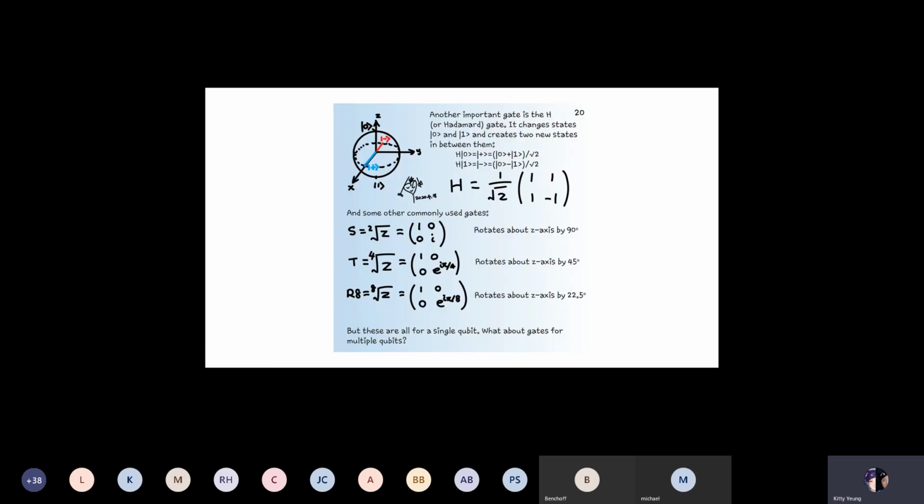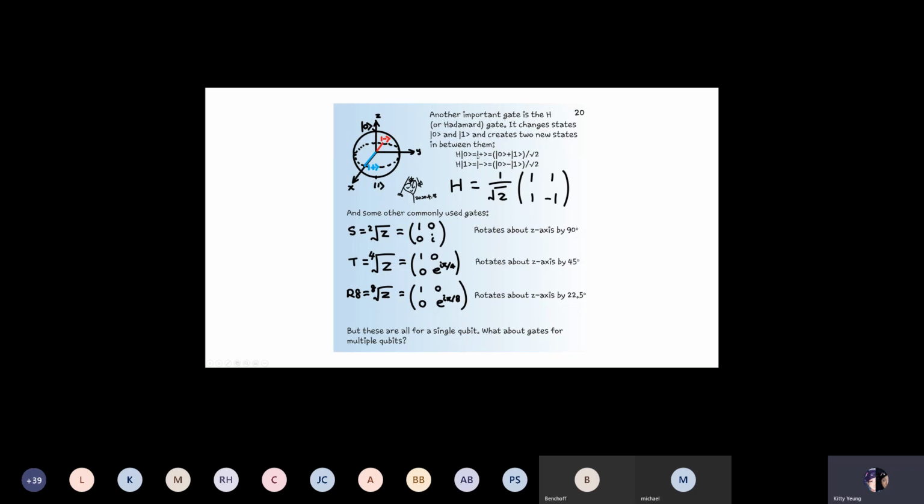And we also last time showed the Hadamard gate, also called the H gate. It is a 2x2 matrix. It has a negative sign for the last element. What it does is put your 0 and 1 to the perpendicular locations, and we call them plus and minus, because when you do that, you are splitting the 0 into a superposition of 0 and 1 with equal weight, equal amplitude.